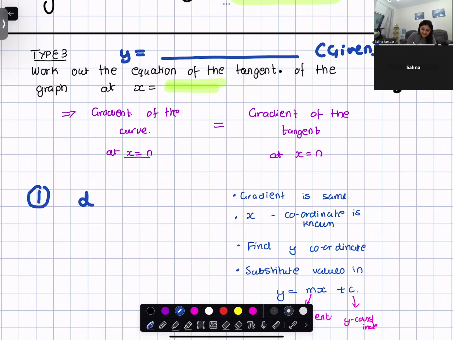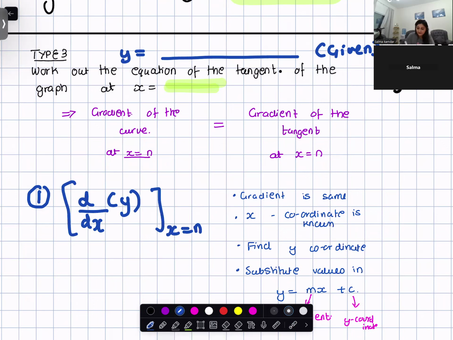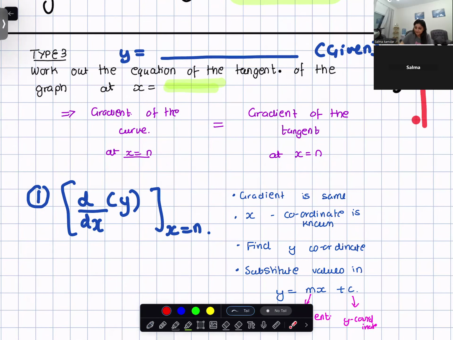You find the derivative of it. That will give you the gradient of the curve at that point. This gradient will be exactly equal to your gradient of the tangent, and the tangent gradient is m.